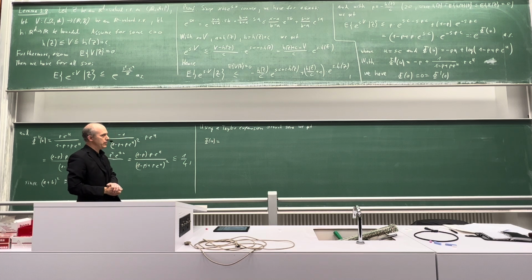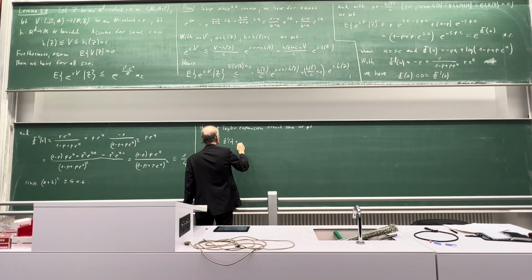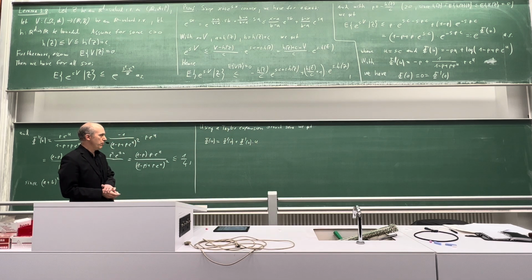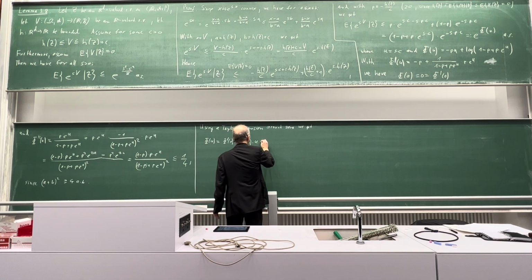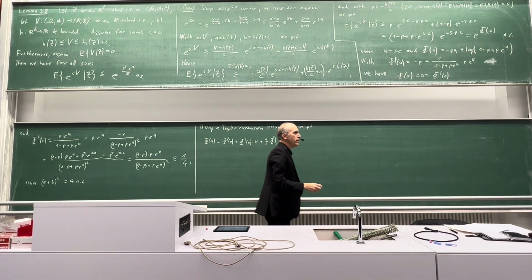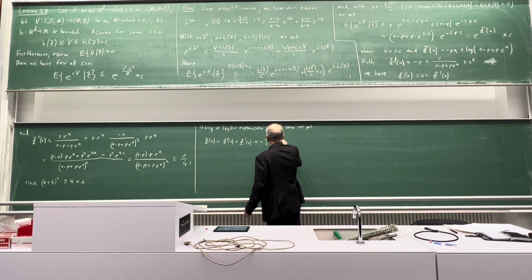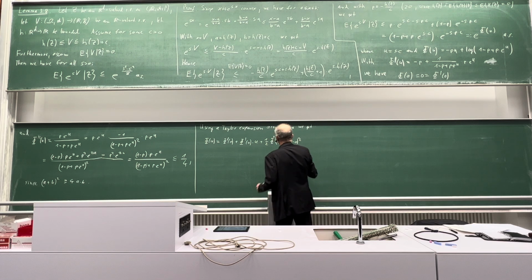I make a Taylor expansion of order 1, so that's phi of 0 plus phi prime of 0 times u minus 0, plus 1/2 times the second derivative at some point between 0 and the argument, which I call xi, times u minus 0 squared.